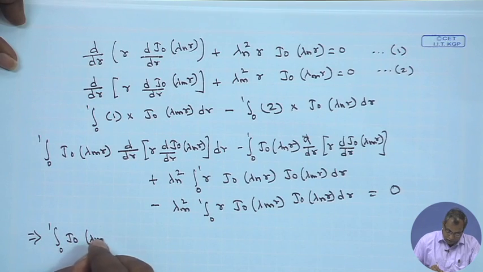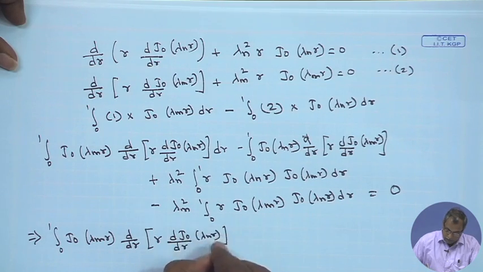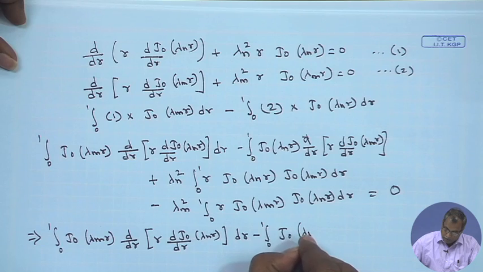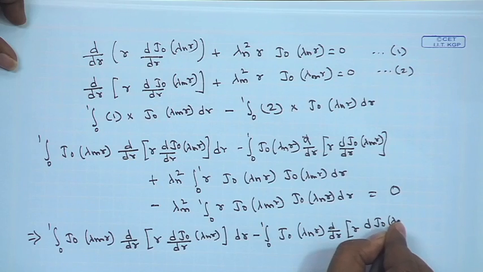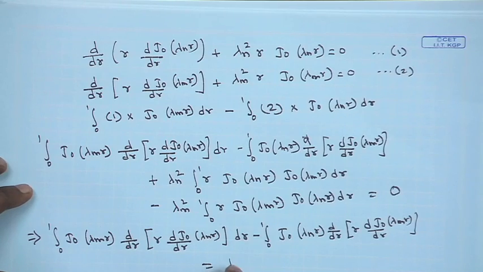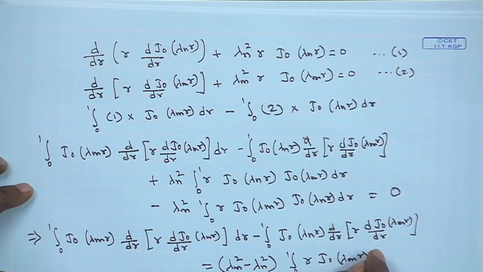∫₀¹ J₀(λₘr) d/dr(r dJ₀(λₙr)/dr) dr − ∫₀¹ J₀(λₙr) d/dr(r dJ₀(λₘr)/dr) dr, and on the right-hand side we write (λₘ² − λₙ²) ∫₀¹ r J₀(λₘr) J₀(λₙr) dr. Okay.